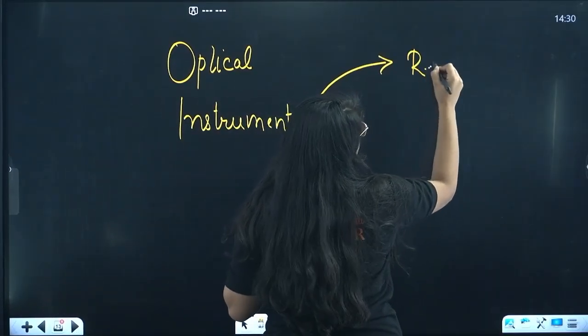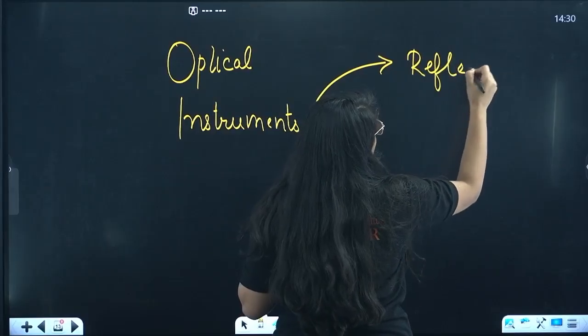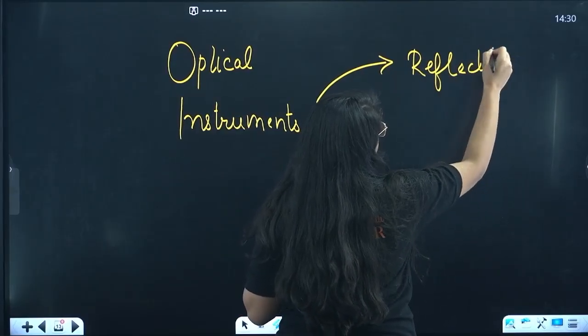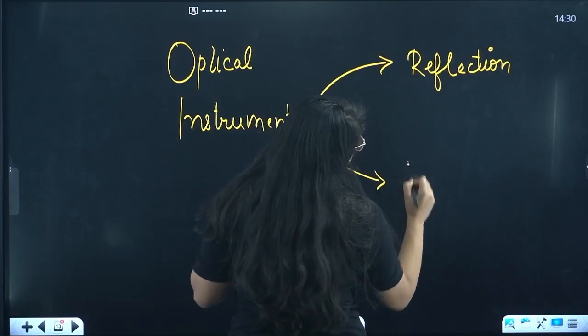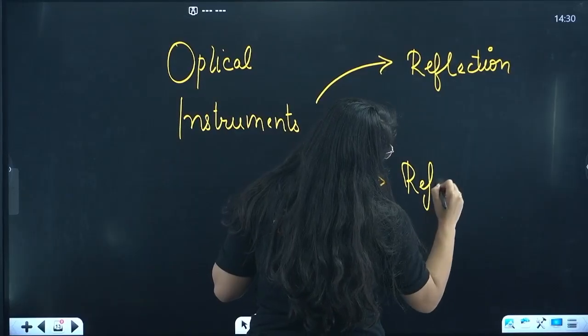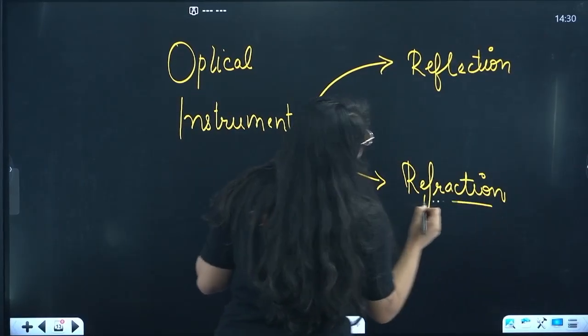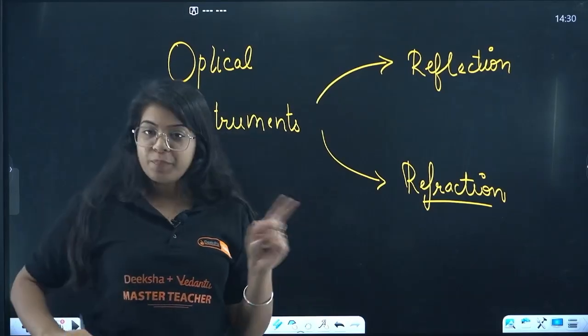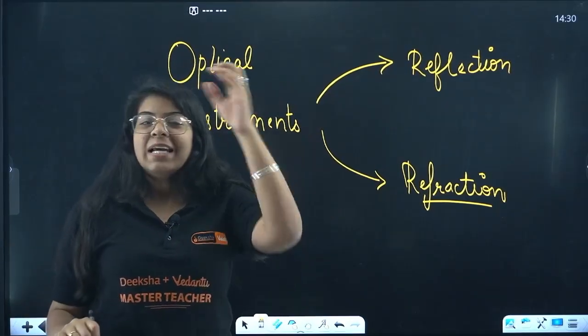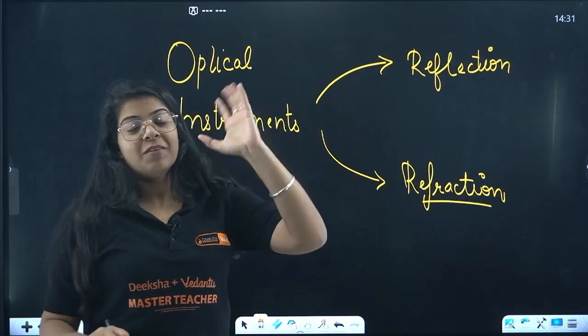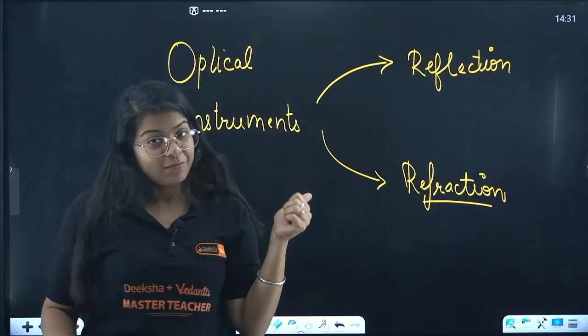First is reflection, and second is refraction, right? Both of these are very different, so make sure you know that. And beta, this will come in your periodic tests, we all know that, so make sure you do this chapter with full attention.